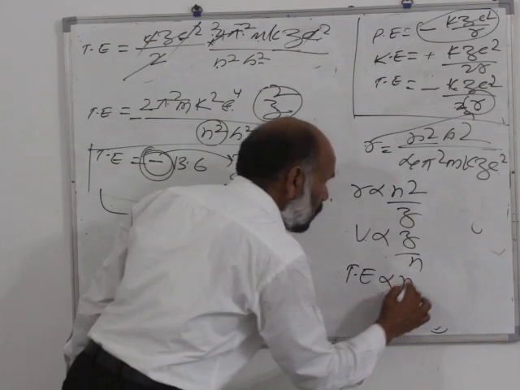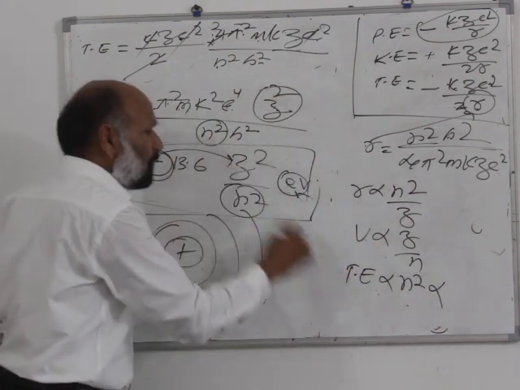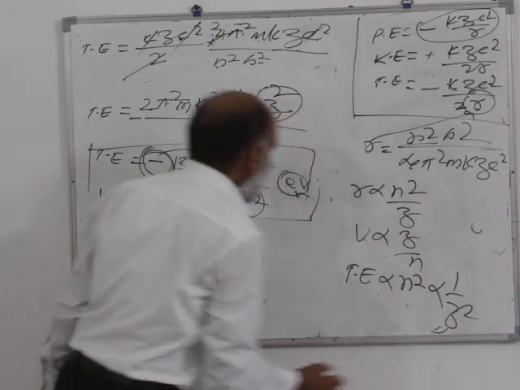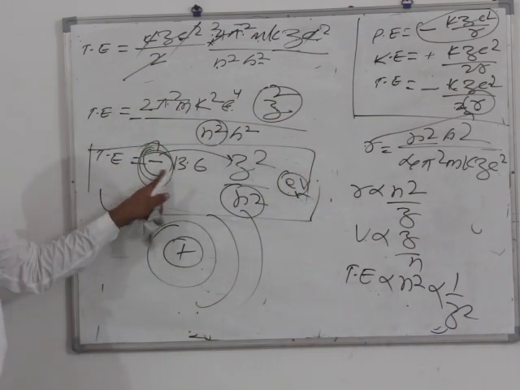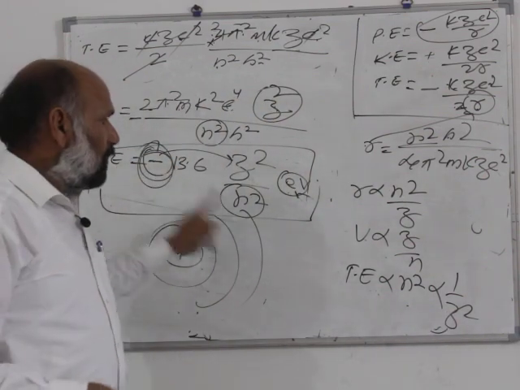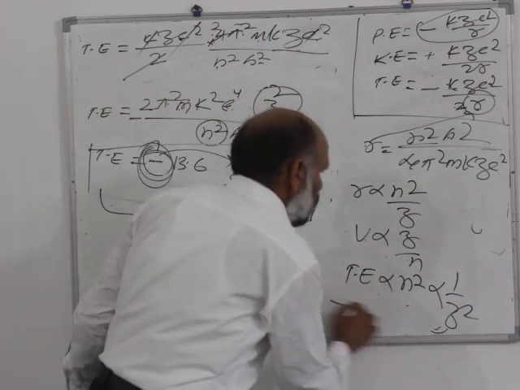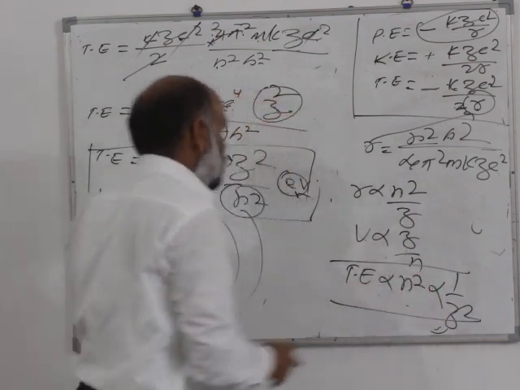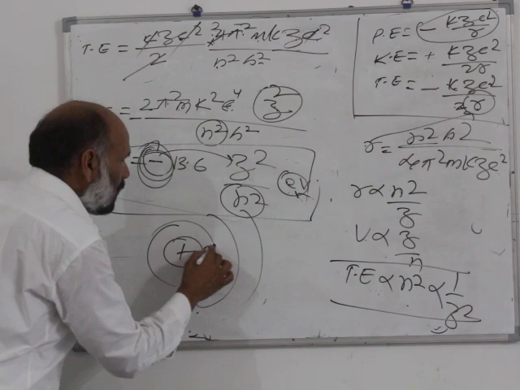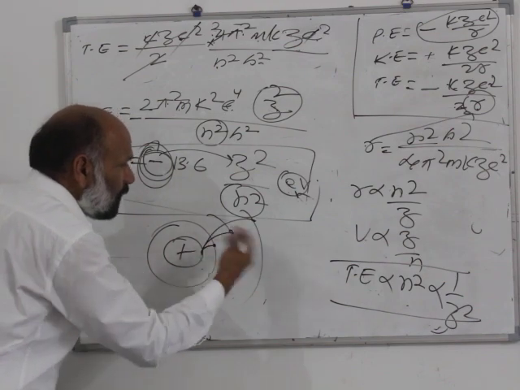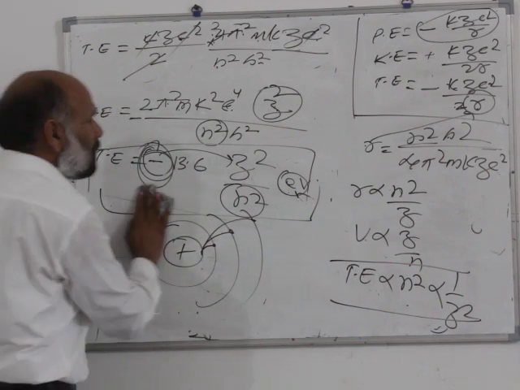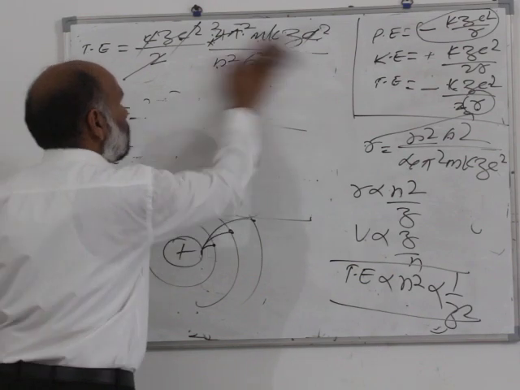So directly proportional to n square and inversely proportional to z square. Since the sign is negative, you reverse this expression when you talk about ratios and comparisons. So as we go on increasing the orbits, energy increases. Let us see how the energy increases.